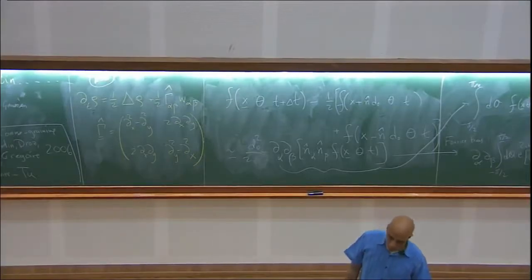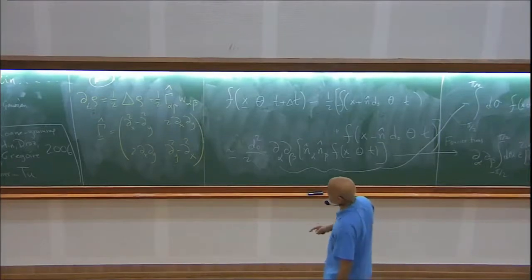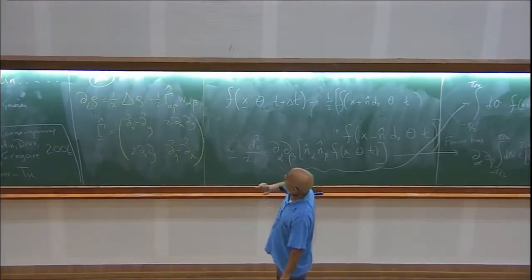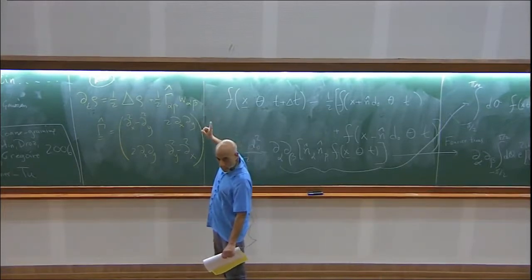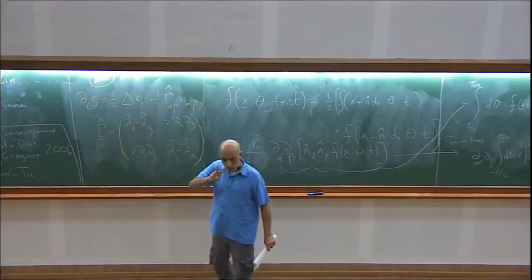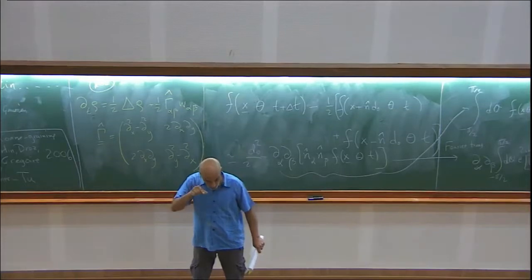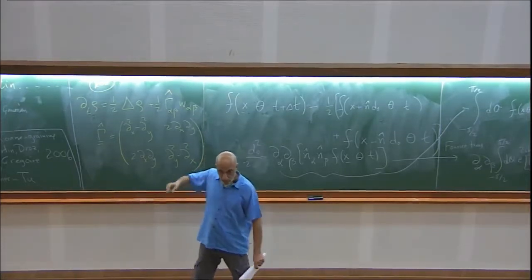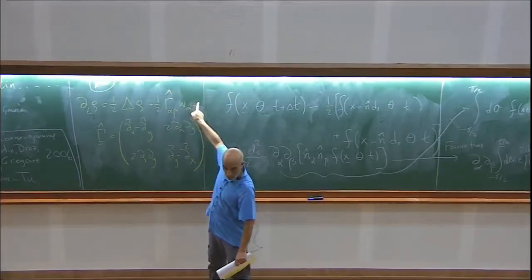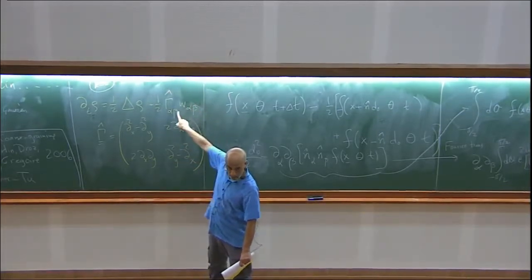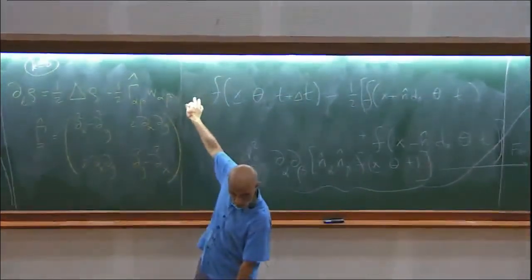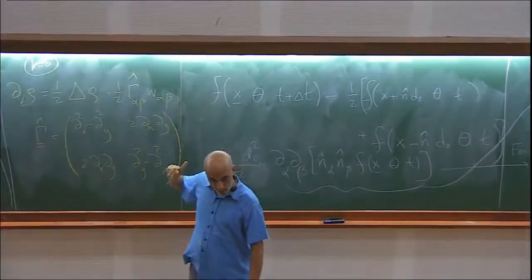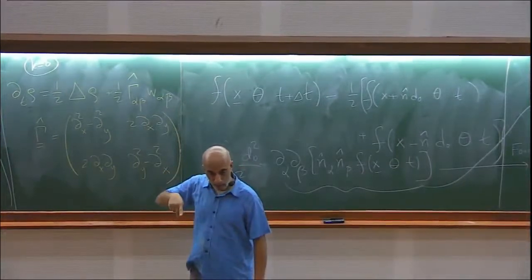So I'm saying that if you go to higher orders in gradients, the effects of the interaction enter in two places. They enter the equation for the orientation, and they enter the equation for the density. It turns out they enter the equation for the density at higher orders in gradients than here. So if you carry this to further orders in gradients, you will get effects of theta even in the density equation due to interactions.